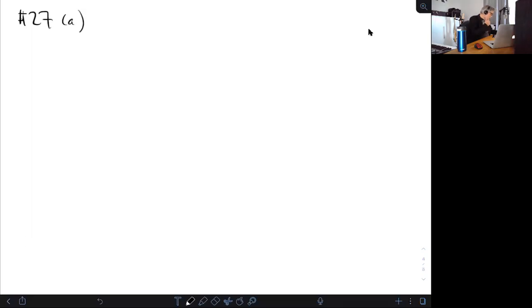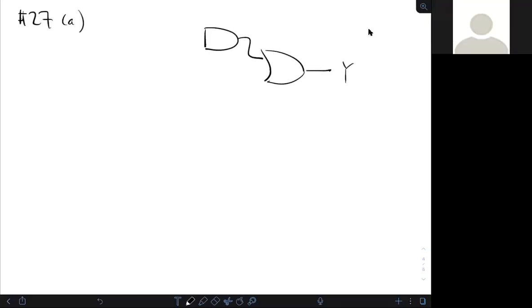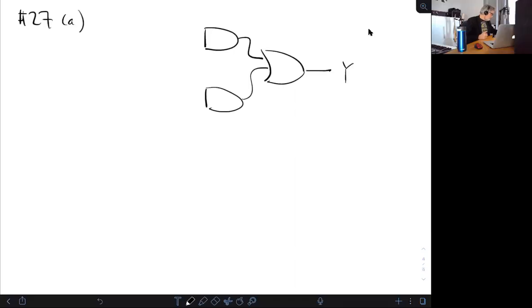Okay, so we're given a logic circuit, which I'm going to draw right here, like this. Sorry, it's a bit sketchy, but what the hell?